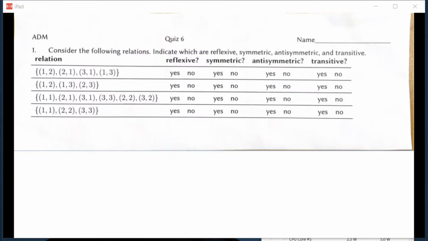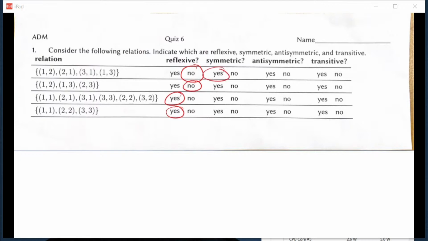So we'll whip through this real quick because it's not that hard. Reflexive, no here. Remember, reflexive just means that everything is related to itself. So here, this isn't reflexive either. This one's reflexive, so I'll go down. This is a no, this is a yes, this is a yes. Symmetric means that everything has its reverse, so those all have their reverses there.